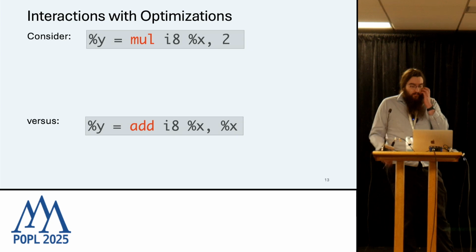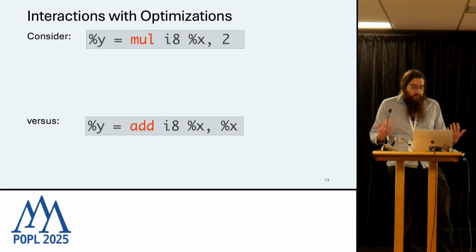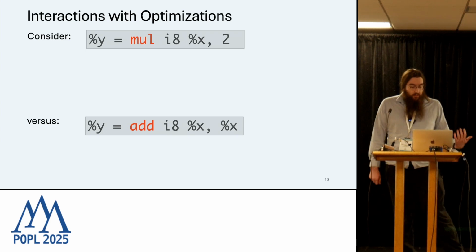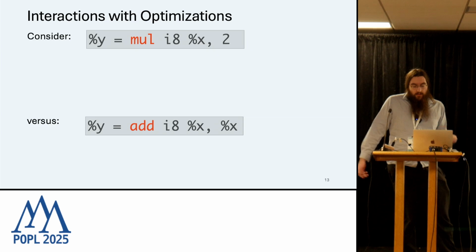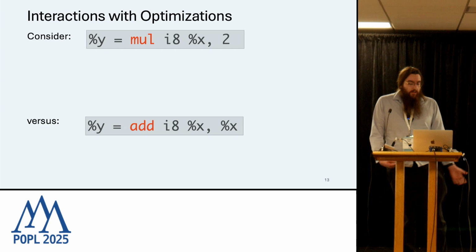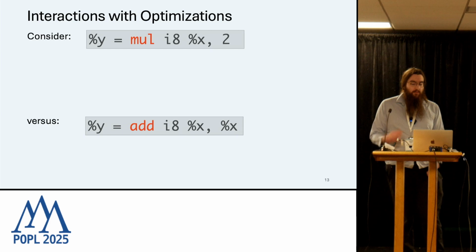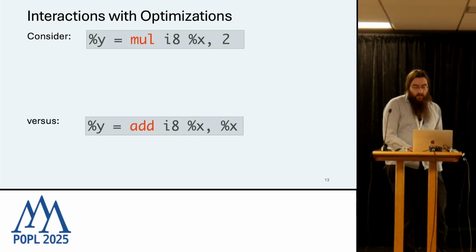Undef values can interact with optimizations in complex ways, however. Sometimes they allow for more optimizations, as in the previous example, but undef can also complicate certain kinds of peephole optimizations. So for instance, we can't transform a multiplication by 2 into an addition if the value being multiplied is undef.